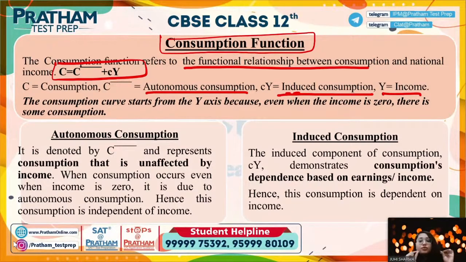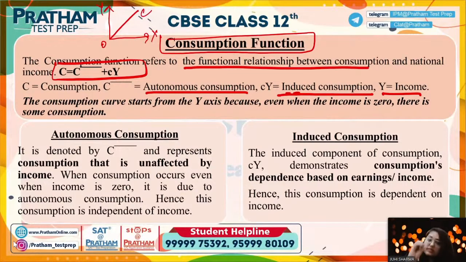Now you need to know that even when the income is zero, the consumption curve starts from the y-axis. Let me just quickly show you that suppose this is x-axis, y-axis, right? So whenever we are drawing the consumption curve, we will never ever start this curve from the origin, from O. Why?